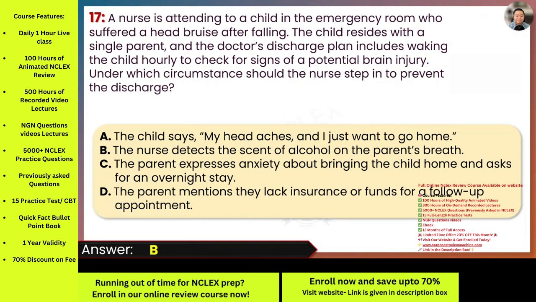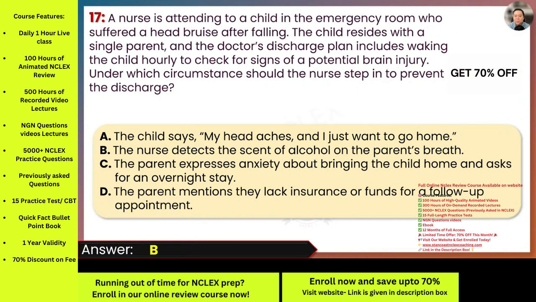Why? The child needs hourly neuro checking. So this is going to require a competent and sober caregiver in order for them to monitor for the signs of worsening brain injury, right? And so if a parent is under the influence and their breath smells of alcohol, they may not be able to assess the changes.